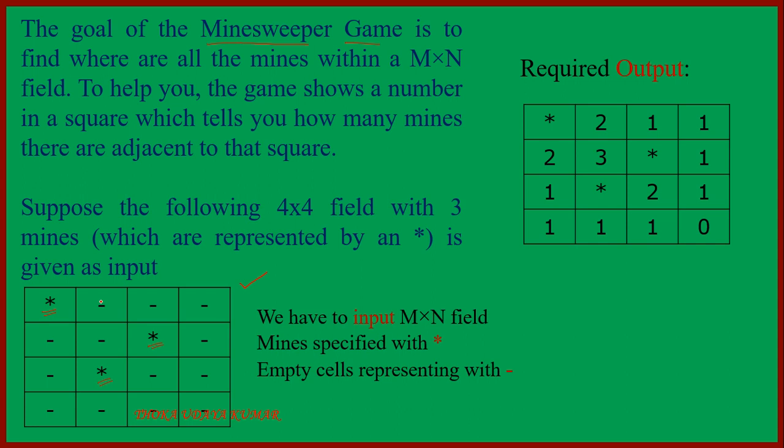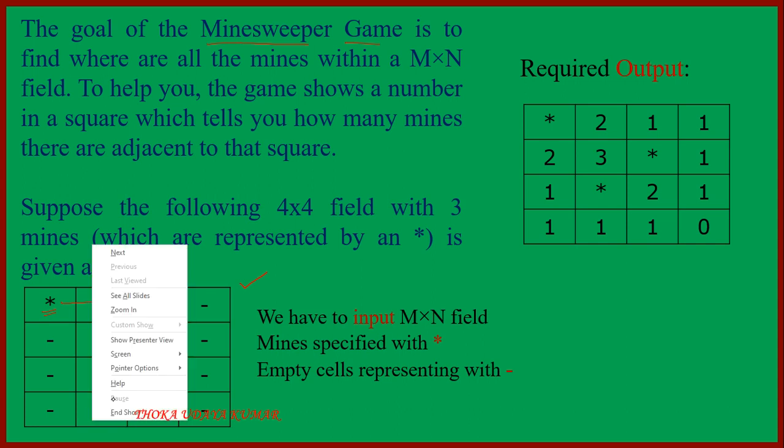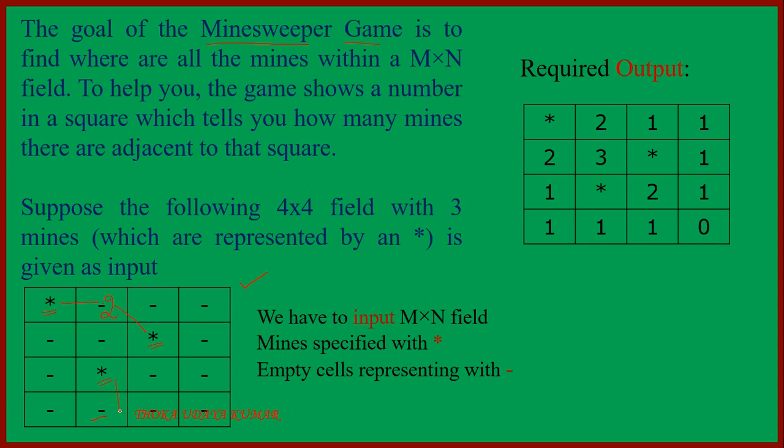Suppose you take this cell, you will have 2 stars adjacent to it, so you have to put 2 here. If you take this cell, you will have only 1 star, so you have to put 1 here. If you take this cell, you will have 1, 2, 3 stars, so you have to put 3, like this.